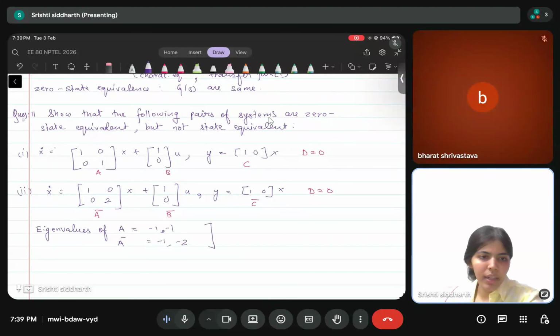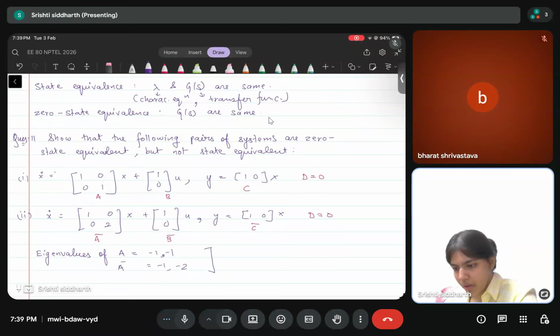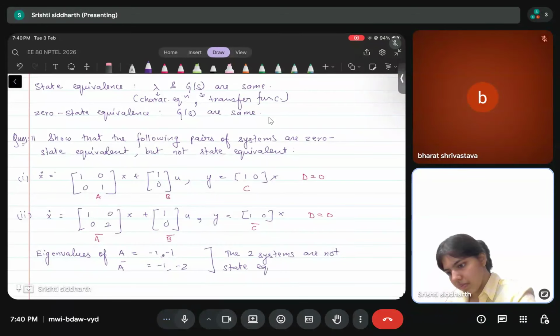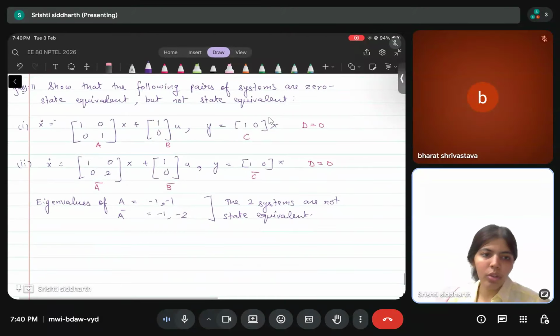So we don't have to check the transfer function for state equivalence, right? Because the eigenvalues are not the same. We have to prove zero state equivalence. We'll have to find the transfer function for both the systems.